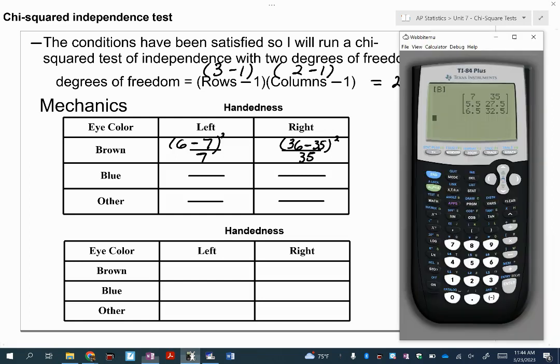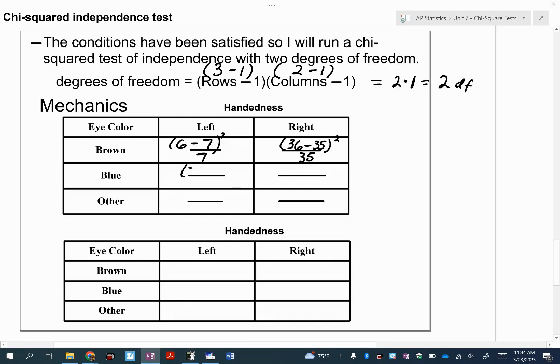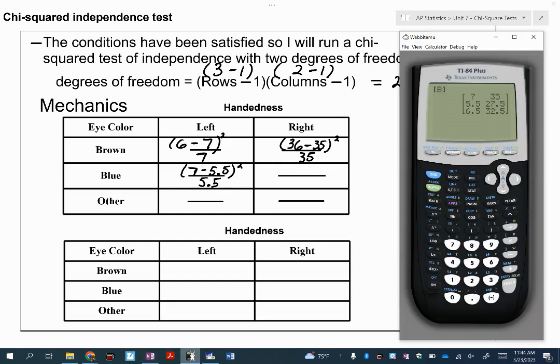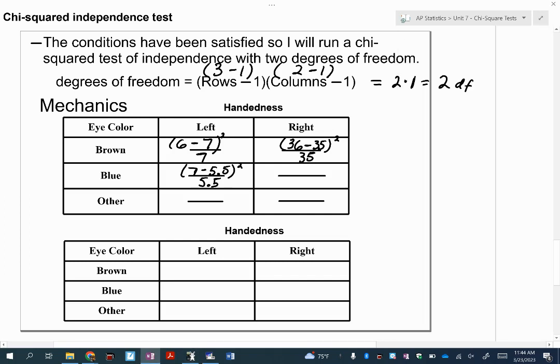Okay, back to the blue eyes: 7 minus 5.5 squared over 5.5. Right-handed, 26 minus 27.5 squared over 27.5.